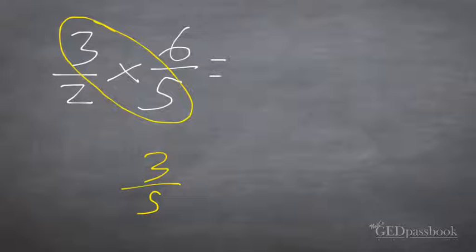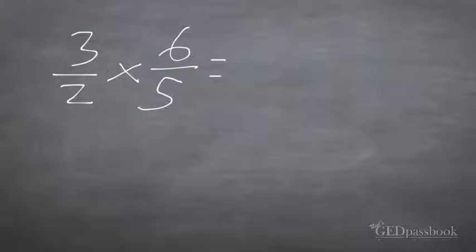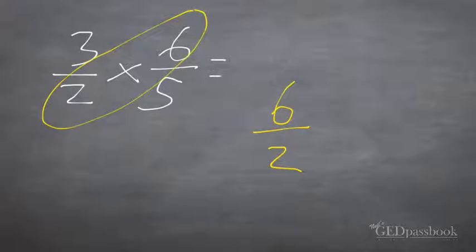Like if you were just asked 3 over 5, could you simplify 3 over 5? No, you cannot, right? Because again, 3 and 5, they are both those unique numbers that are only divisible by themselves. But then do that not just with that one, do that with the other one. And ask yourself, can 6 over 2 be simplified? Yeah. What could it be simplified to?